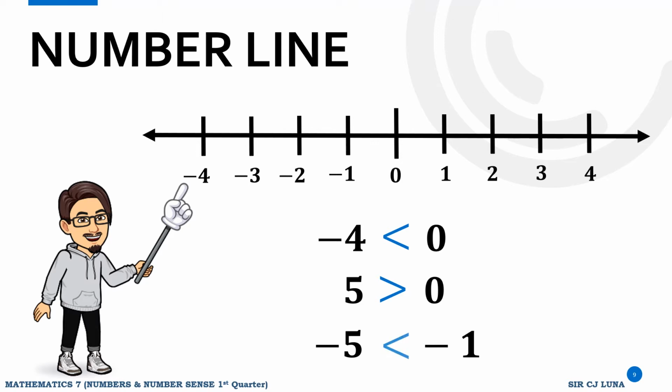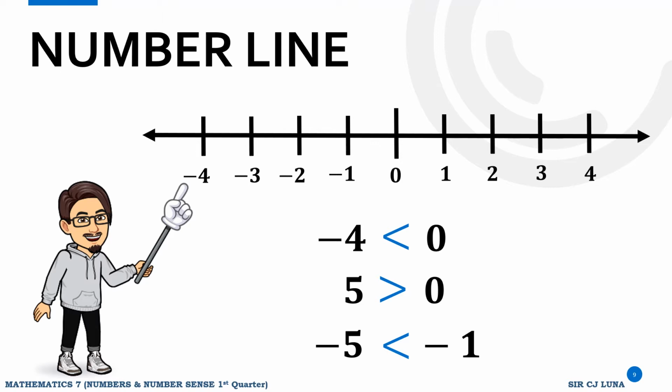Okay, that's right. Negative 5 is less than negative 1. Bakit? Kasi mas malayo si negative 5 sa 0 kumpara sa negative 1. Diba? Saan ba makikita yung negative 5? Nasa left ba siya ng negative 1 or nasa right ng negative 1? Okay, tama. Nasa left siya ng negative 1, kaya, ibig sabihin, negative 5 is less than negative 1.